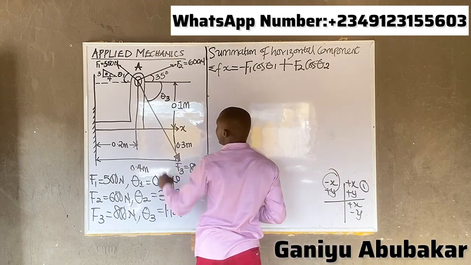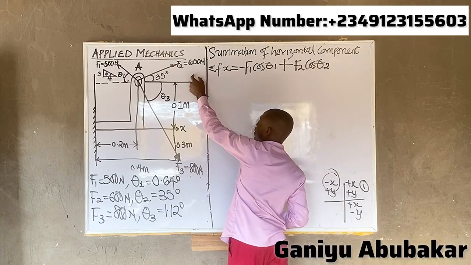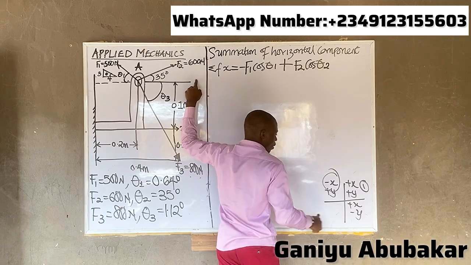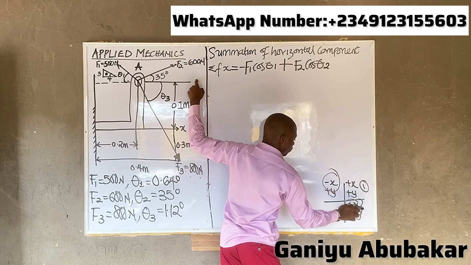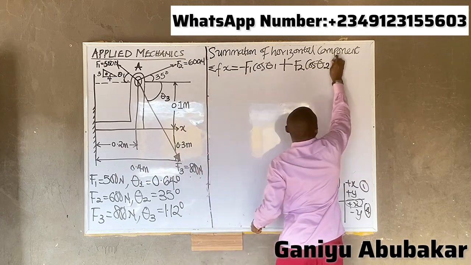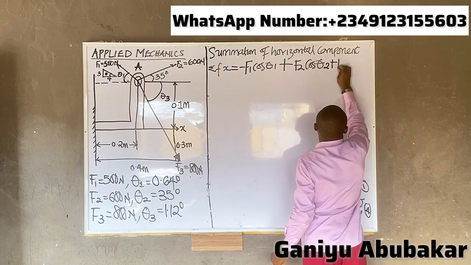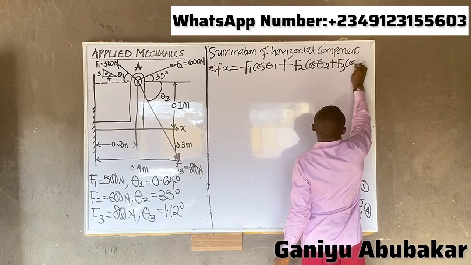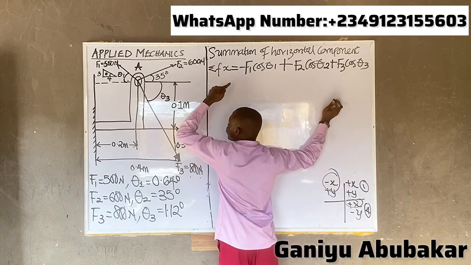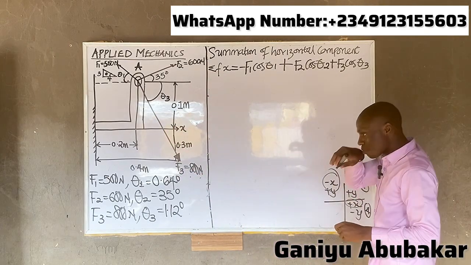Next up, if I resolve F3 to the horizontal, the x part there becomes positive for first quadrant, right? So I'll be having positive F3 to the horizontal. That gives you F3 cos theta 3. Why F3 cos theta 3? Because the angle is on the horizontal. So that gives you cos theta 3. I have this one here.